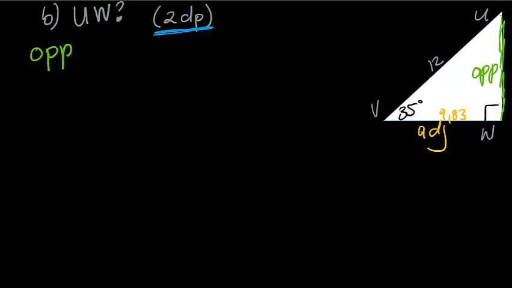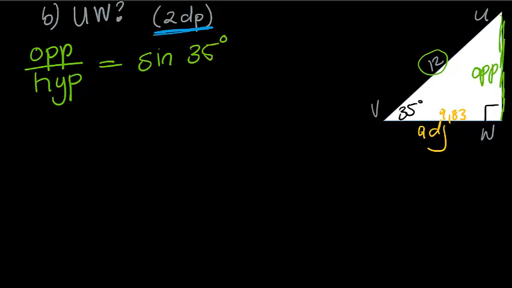In an instance like this, I will always use what they give me before I would use what I have. So they give me that 12. I'm going to say opposite over hypotenuse. Yes, that is sine of 35 degrees. So opposite over 12 is equal to sine of 35 degrees.